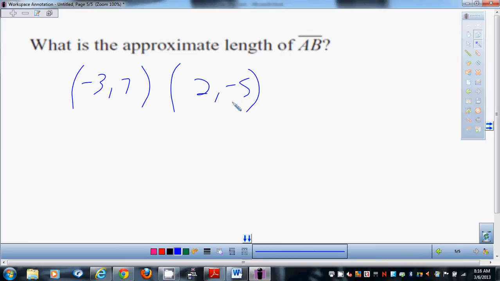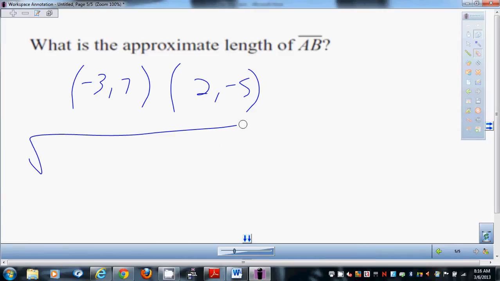What is the distance formula? No, I'm waiting for Malik. We're going to need the distance formula, which is what? Yes, sir.